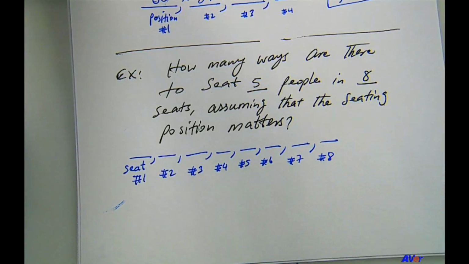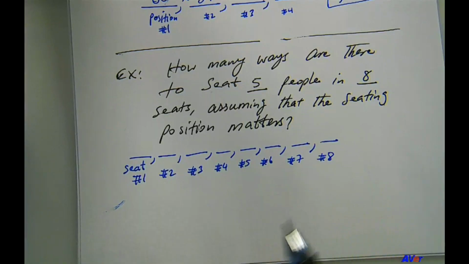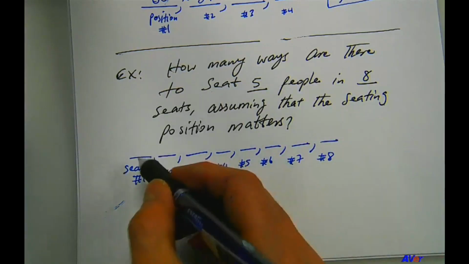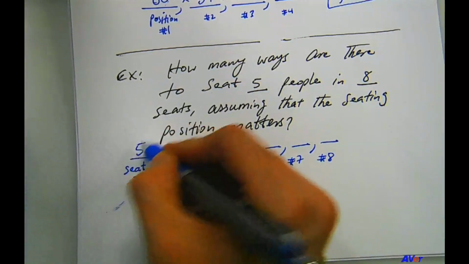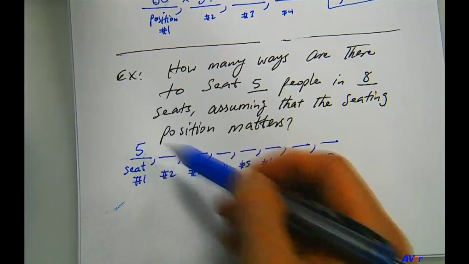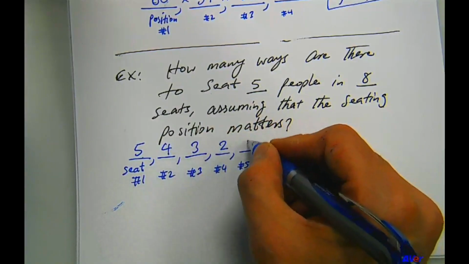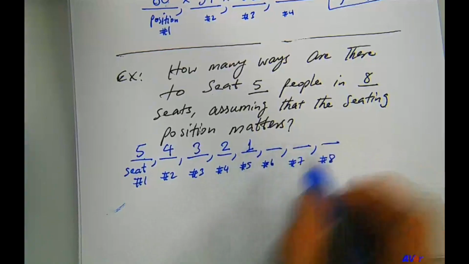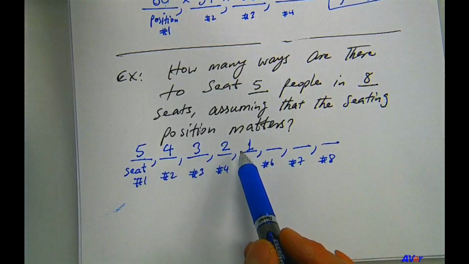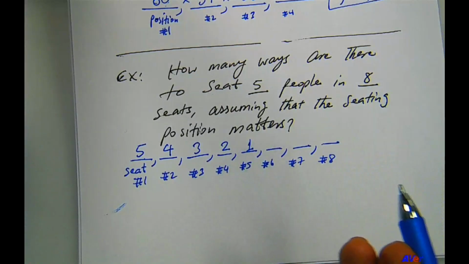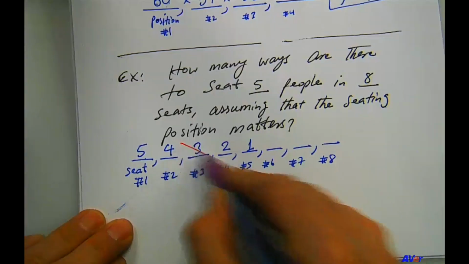If we do it this way, then we have 5 people. How many choices do we have to assign to this seat? We have 5. Once one of those individuals has a seat, then we have 4 options to assign here, and then 3, then 2, and then 1. What happens here? Notice in this way, we're going to run out of people before we can answer this question. So this will not work.